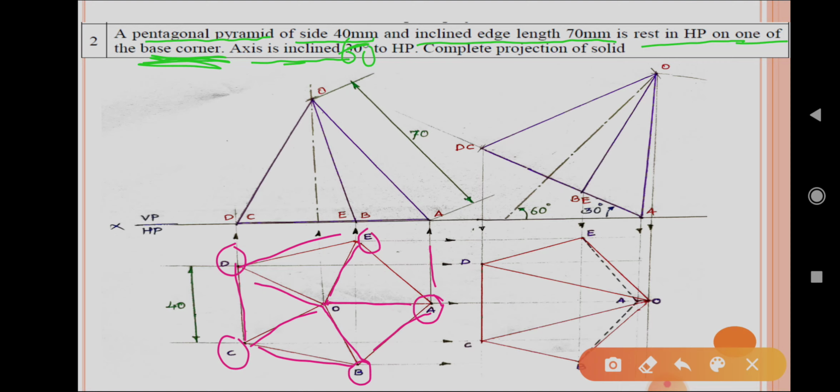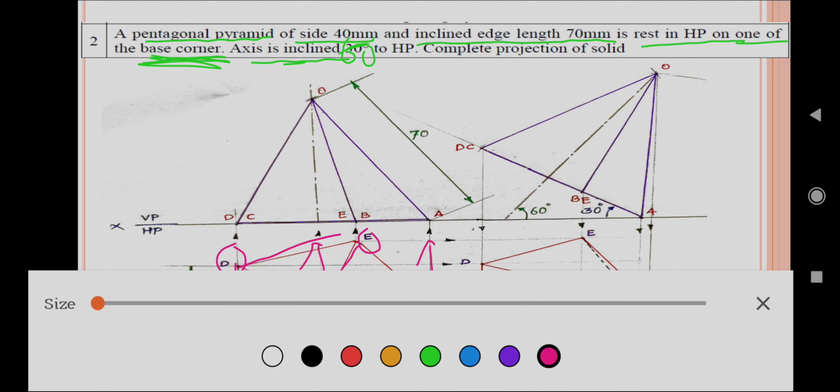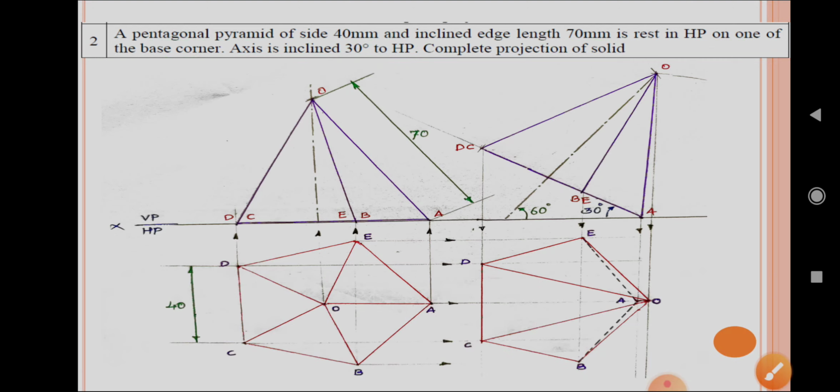Then take a vertical projection line from each point.